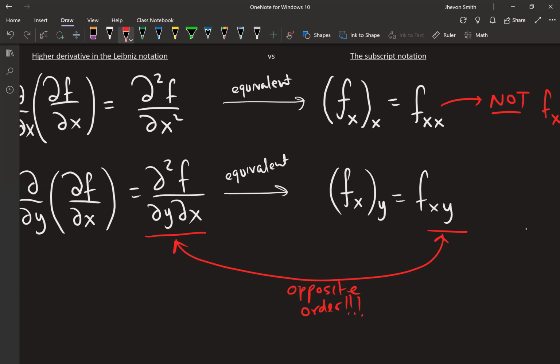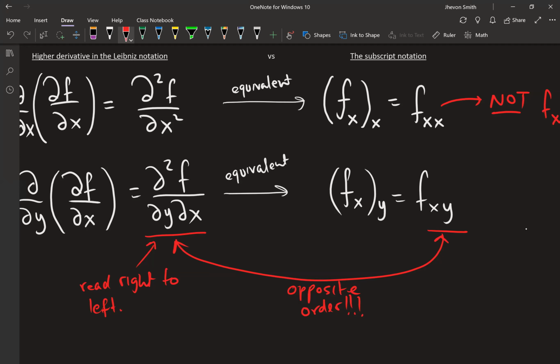Here, this one is read in terms of the order in which it's done, right to left, meaning the one on the right happened first.